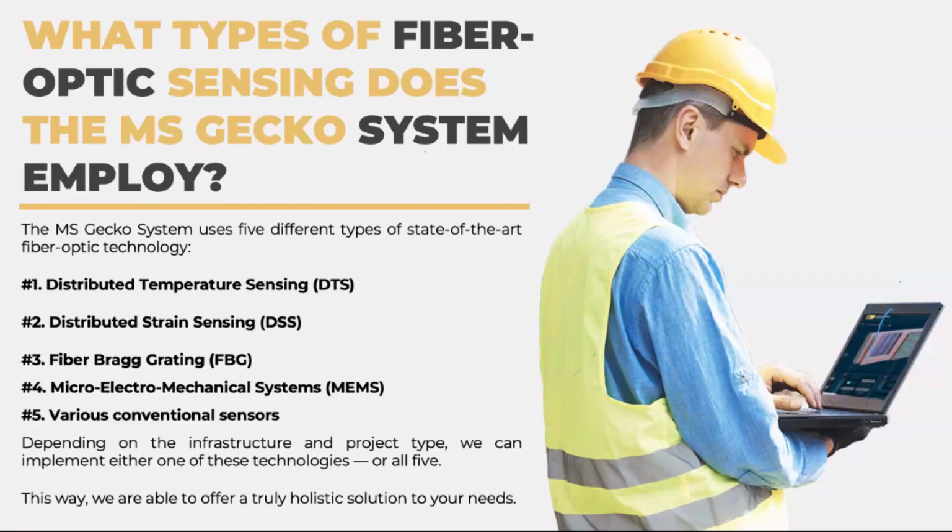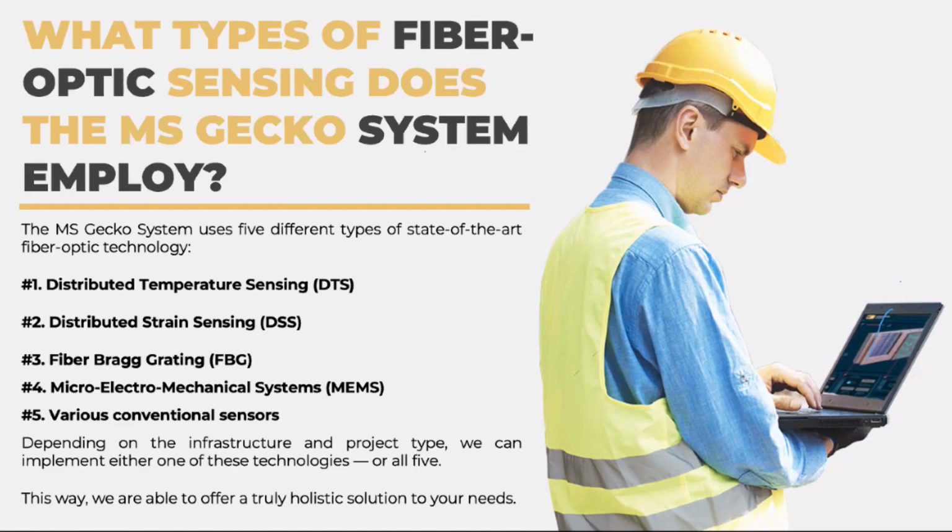We can put them all into five categories, where the other two would be conventional MEMS, or microelectromechanical system technologies, and even analog technologies that we can use to supplement and even improve the data we get from the fiber optics. So basically, three main types.